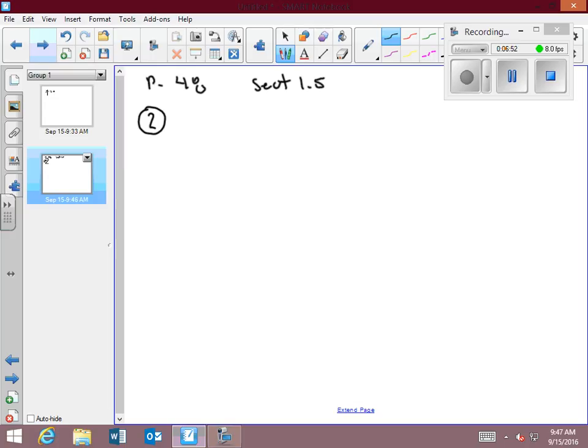Try to use as few row operations as possible. So number 2, this is going to turn out to be a homogeneous type, and we want to know if the only solution is the trivial solution.